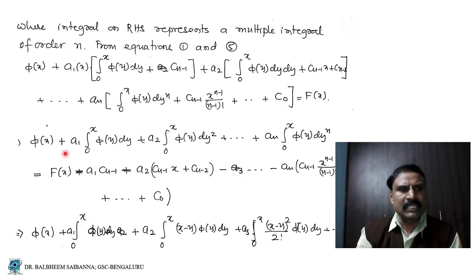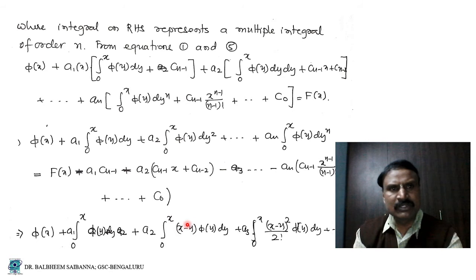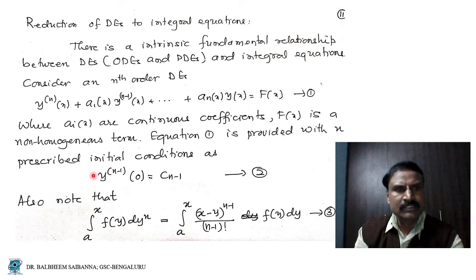So this implies that phi of x plus a1 integral 0 to x of phi of y dy plus a2 integral 0 to x. How will we get this x minus y? I told you using this formula: when n is equal to 2, we will get the integral of x minus y raised to the power n minus 1, that is 2 minus 1.